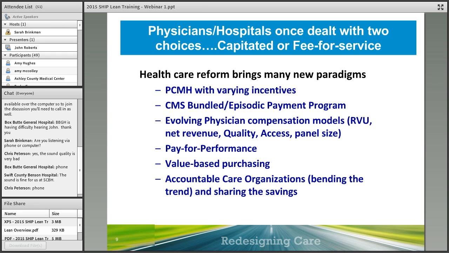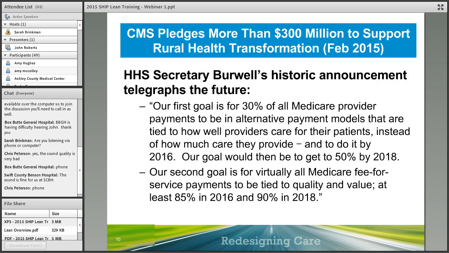And again, rural healthcare has been, I think, slower in some of these changes, but again, we're beginning to see that trend change very quickly. A couple of weeks ago, we saw a pretty dramatic statement by CMS Secretary Burwell when she stated the goals for CMS over the next several years: 30% of all Medicare provider payments to be on alternative payment models and to increase that to 50% by 2018.